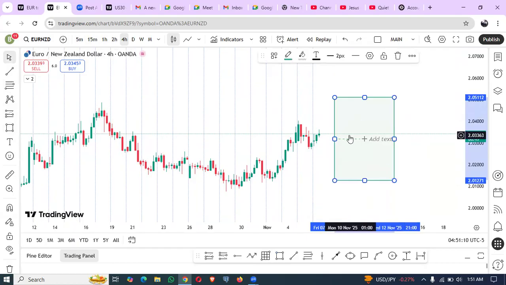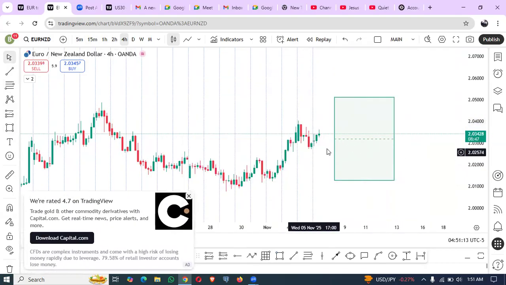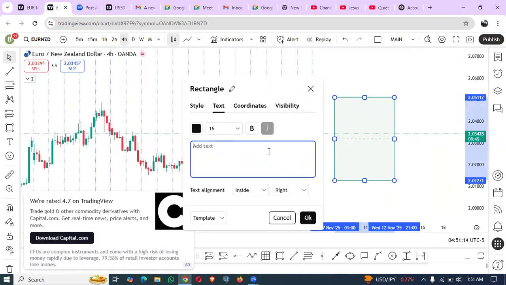First one is the Doji. Two, hammer, three, three candle formation.